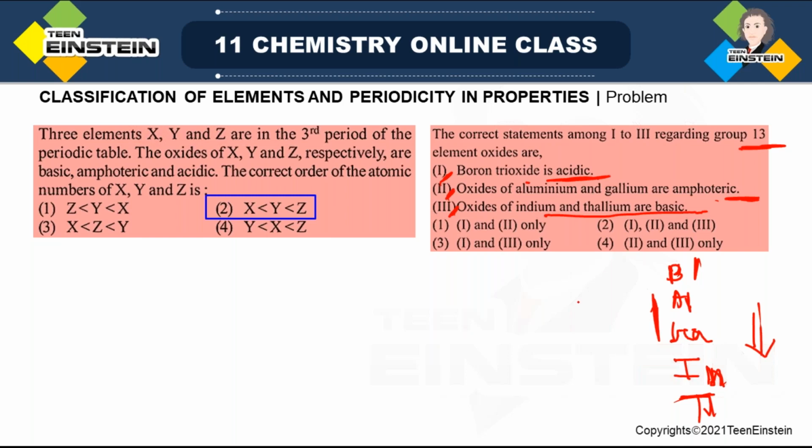First acidic for boron, then aluminium and gallium are amphoteric and these two are basic. So it is exactly fine, and all these statements are correct. The option with 1, 2 and 3 is option 2.